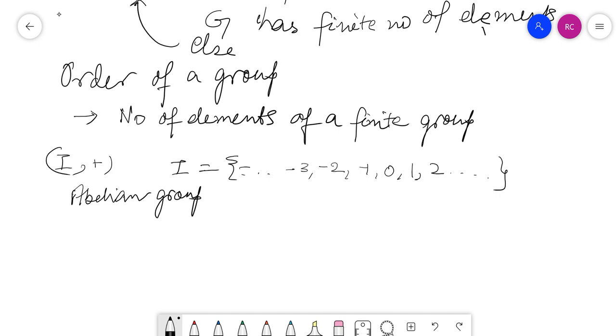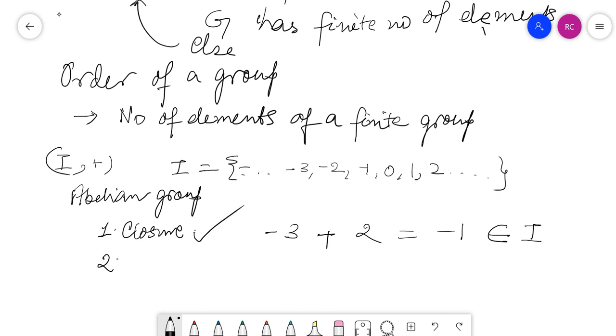How do you prove this is an abelian group? So the first thing you need to prove is closure. Take any two elements, say minus 3 and 2, and you have the operation plus. This is equal to minus 1, which belongs to I. So for any two elements belonging to I, the closure holds.